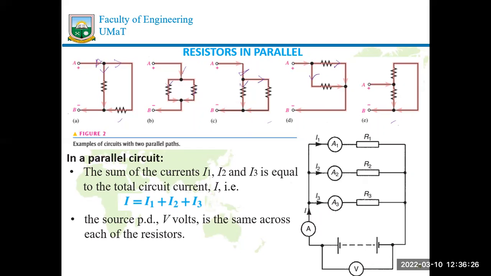Okay, the sum of these individual currents I1, I2, I3 would end up giving us the total current in the circuit. And also let's note, as I said, the voltages across the set of resistors that you have in each of these branches should be the same.